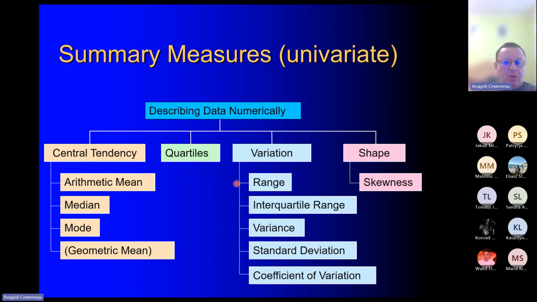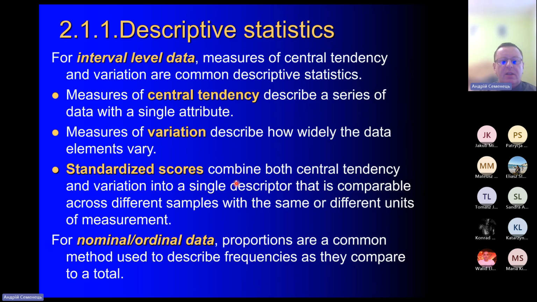Actually, it's a problem because it's not easy to obtain realistic measures and reach some final conclusion. Also, our assessment will depend on our data type. So we go back to that chart with qualitative and quantitative data. In case we have interval level data, we usually measure central tendency and variation.